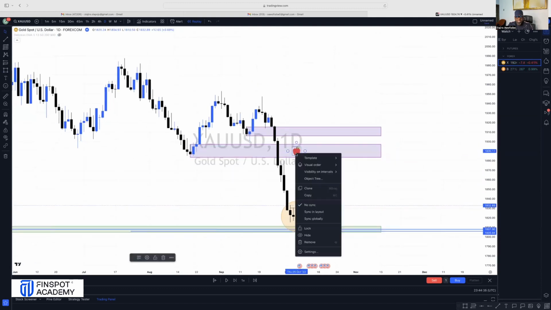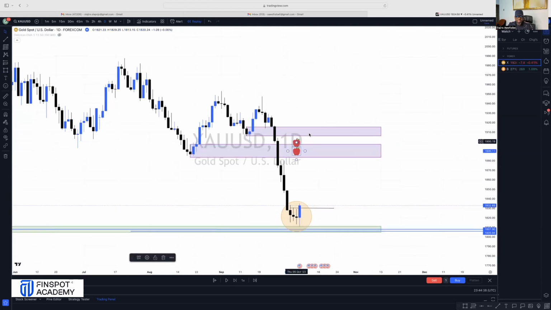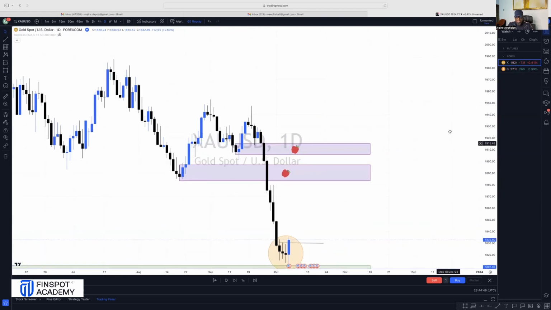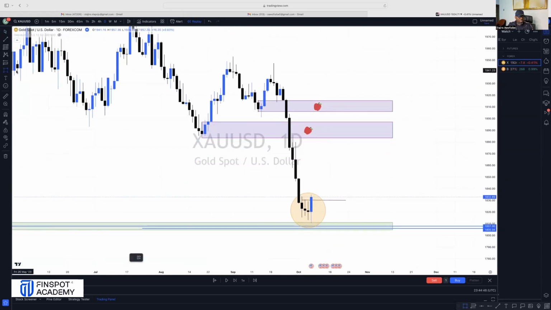I will be expecting that if this area gets violated, then this will be the next. What's the other thing that I'm seeing here? The other thing is that there is a bearish order block. So it will be expected that price will respect this also, right?